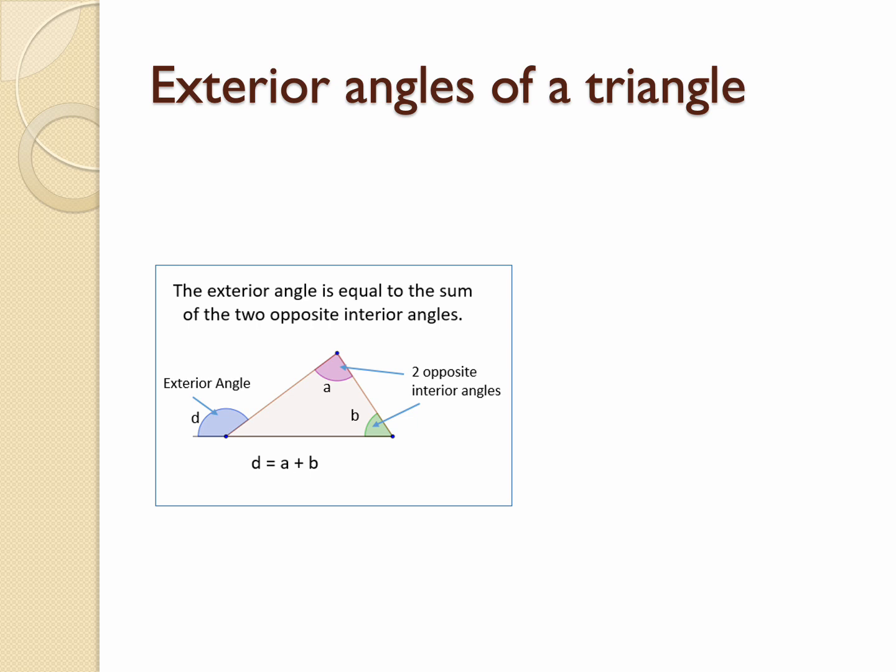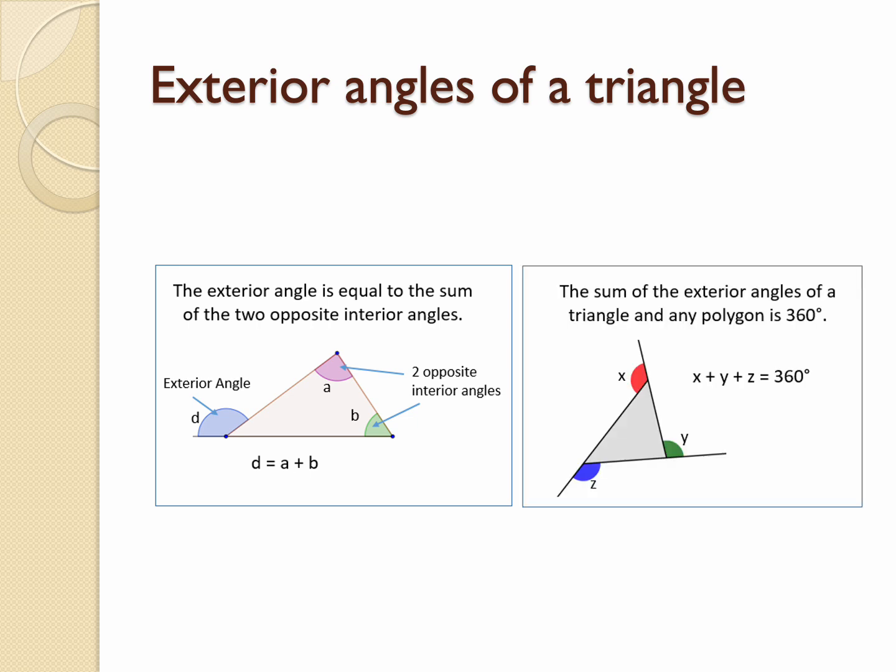Another important fact is that if we sum up all the exterior angles of a triangle, then the sum total is 360 degrees. So this is a fact that you can just memorize. The sum of the exterior angles is 360 degrees, whereas the sum of interior angles from the last slide was 180 degrees.